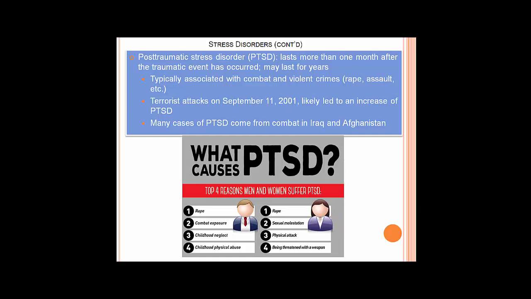It used to be called, I think in World War I, shell shock. So it had all kinds of names. But post-traumatic stress disorder, if it lasts more than a month after the traumatic event has occurred, may last for years. And this is typically associated with combat or violent crimes.